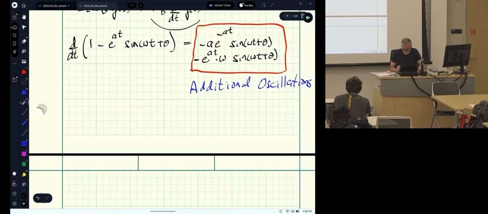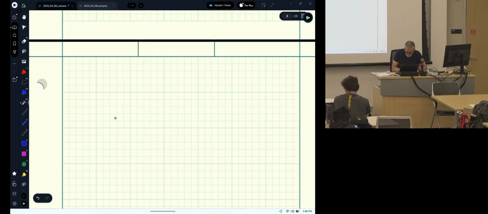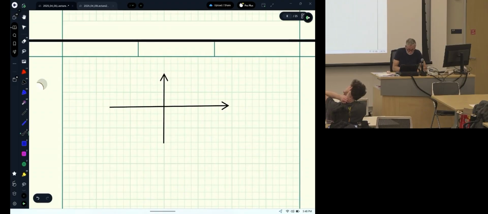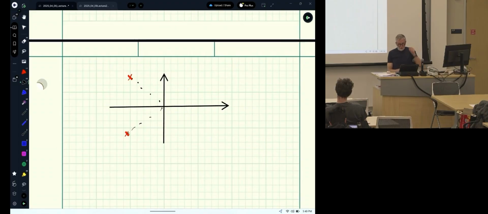So let me do a pole zero plot. So these are our second order poles.